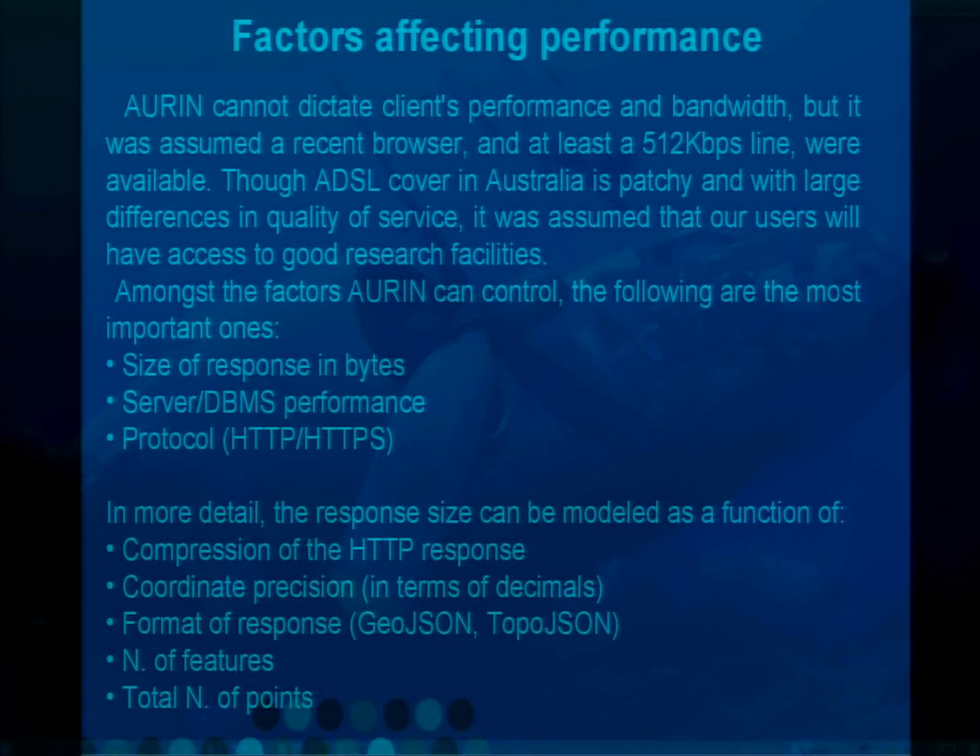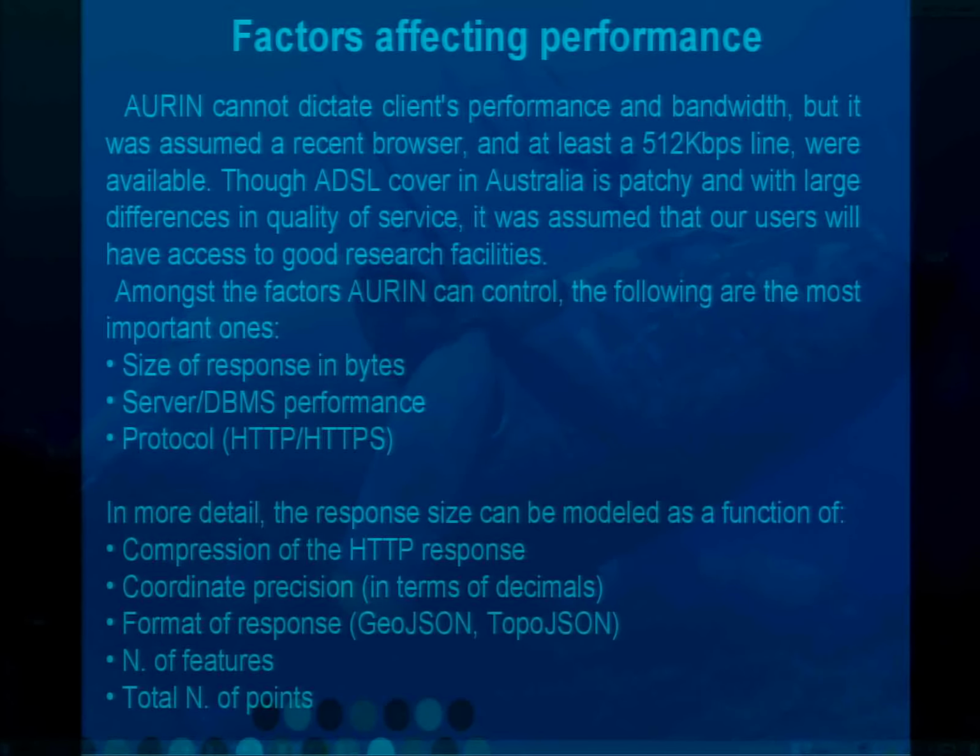The coordinate precision, because we tried that as well, just to reduce. So, we're dealing with geographic coordinates, okay? So just reduce the number of digits after the decimal point and see what happens. The format of response, GeoJSON and TopoJSON.